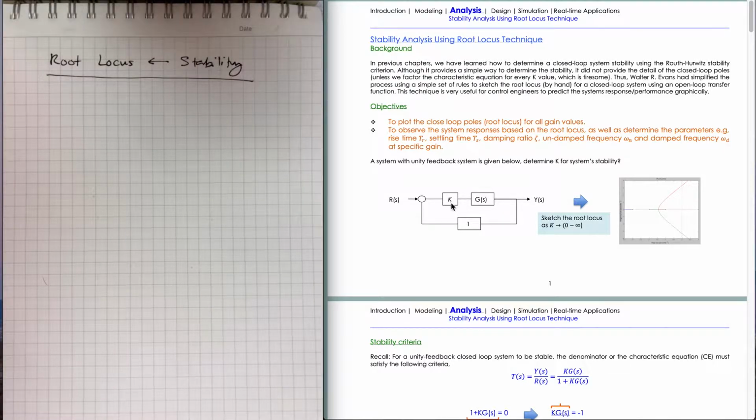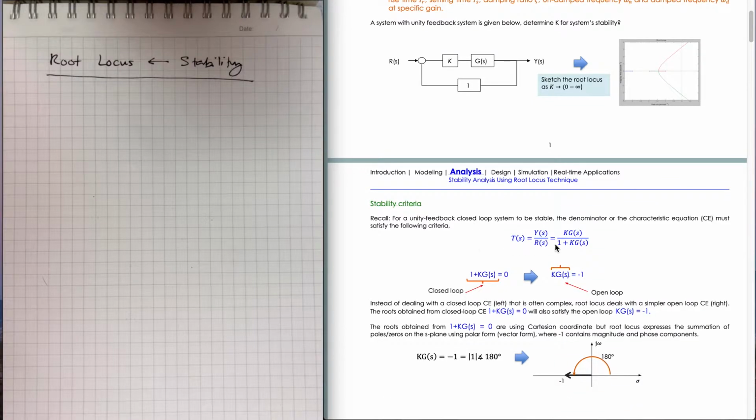We learned that before, because K becomes part of the characteristic equation, hence changing K will change the locations, the roots of the denominator of these systems. This is the closed loop system.